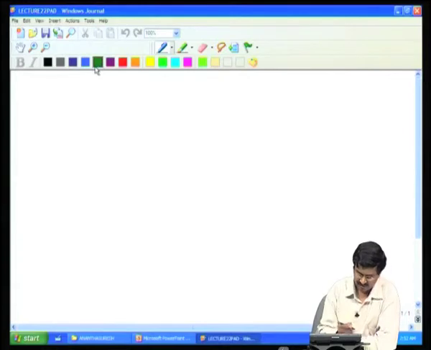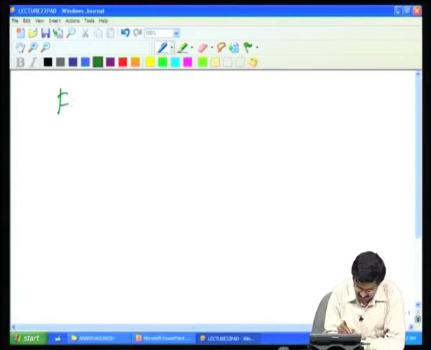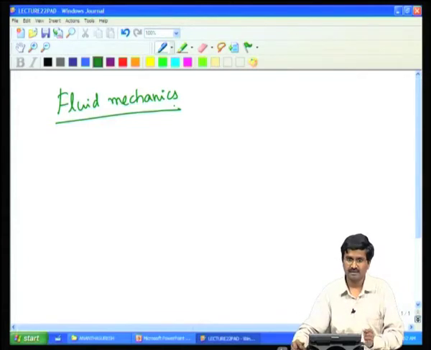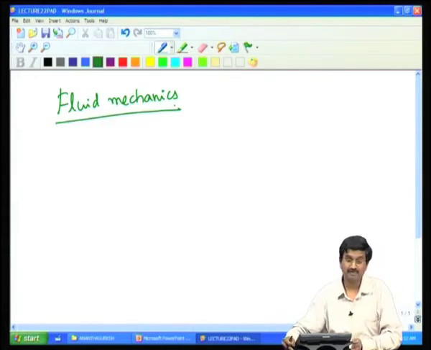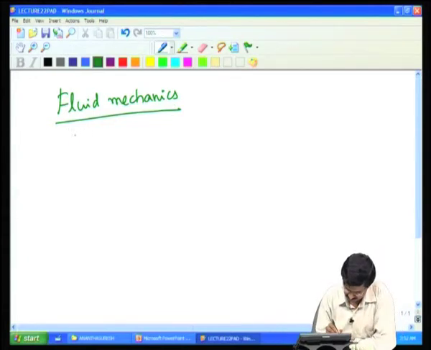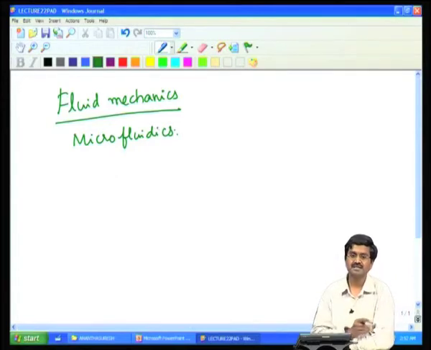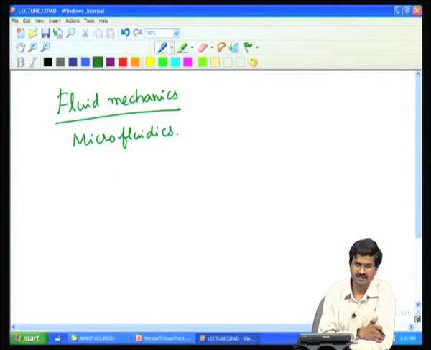Let us say fluid mechanics at the micro scale, microfluidics, as it is called. It is basically the study of fluids at the micro scale.